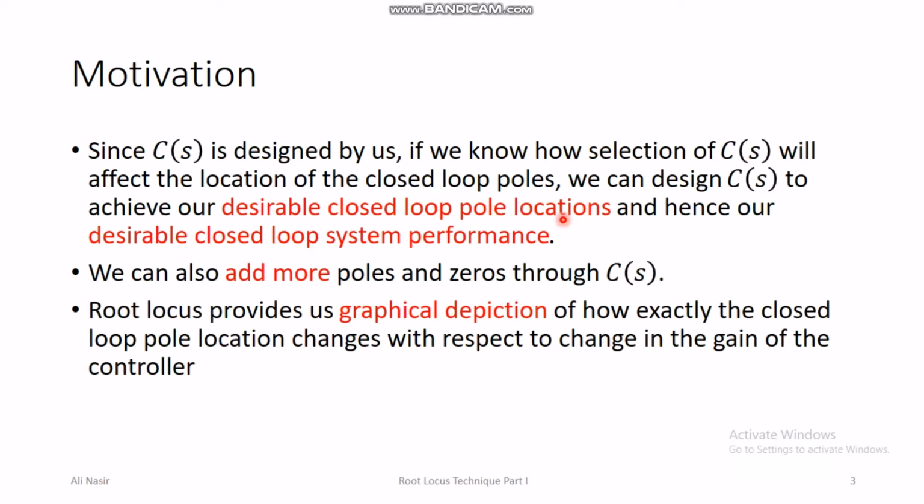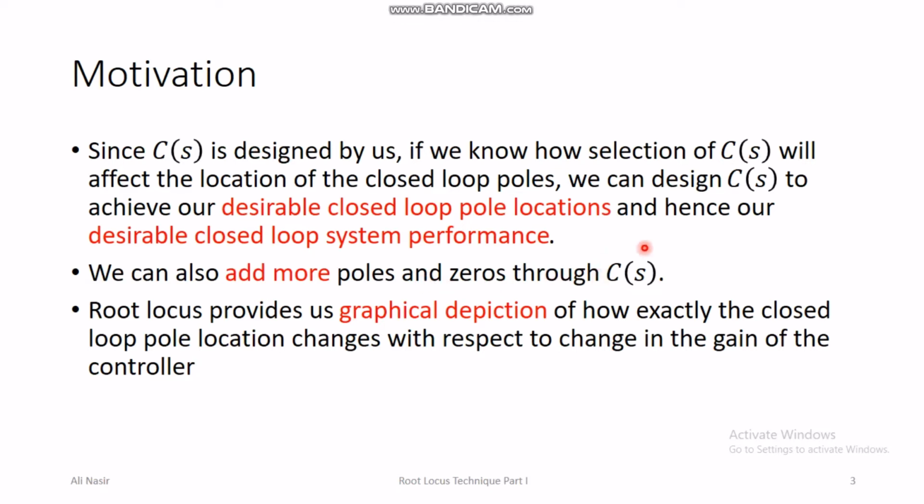This can only be done with the help of root locus. So root locus will help us in designing the controller to achieve the desirable closed loop system performance. We have already discussed how system performance, like the transient performance and even the steady state, depends upon the pole locations.